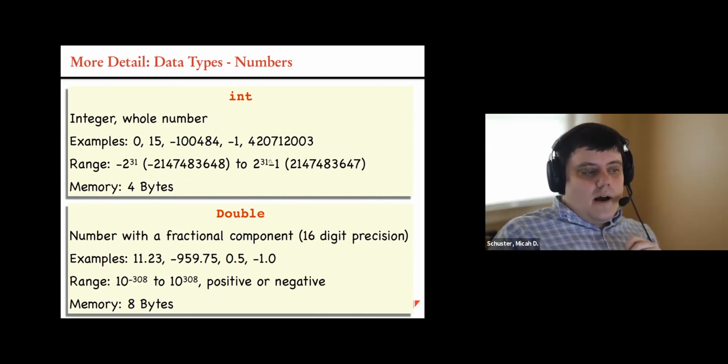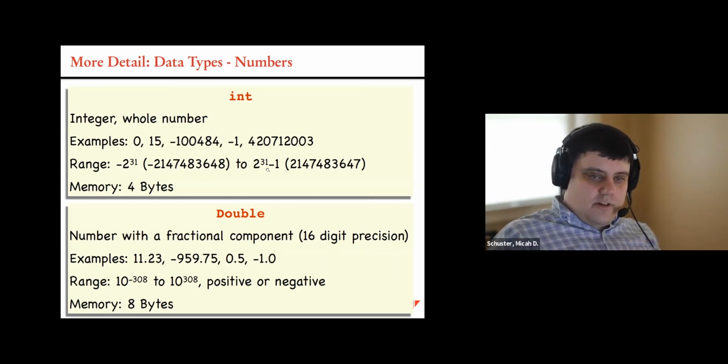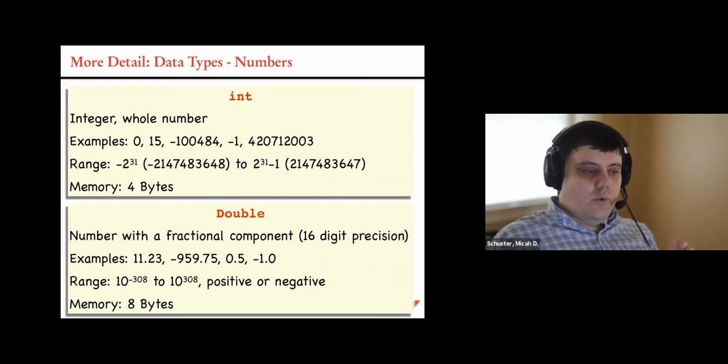The 31 is because of the positive or negative. So it's 32 bits total, 32 ones and zeros represent this. But one of those ones and zeros represents the sign. Is it negative or is it positive? So that's why we only have 31 actual values that we can use.